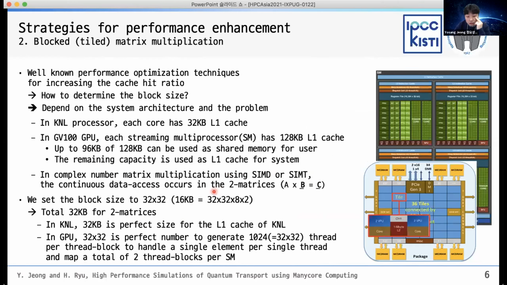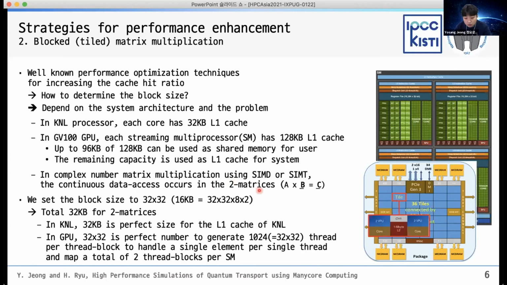This is 16 kilobytes, because a single complex number has 2 double type variables, the real and imaginary numbers. Therefore, we use a total of 32 kilobytes for 2 matrices.